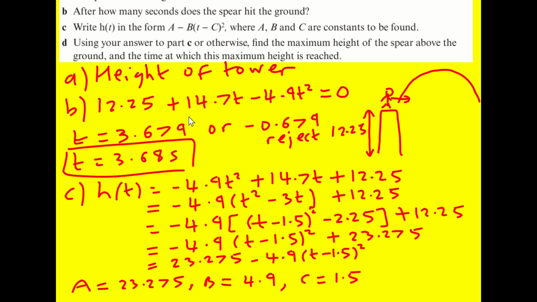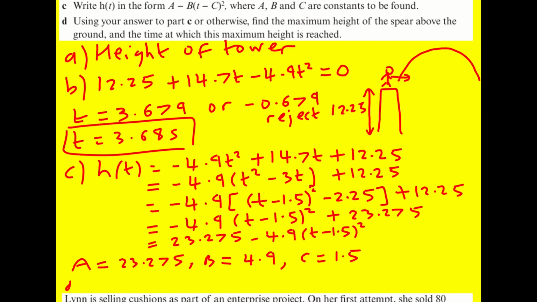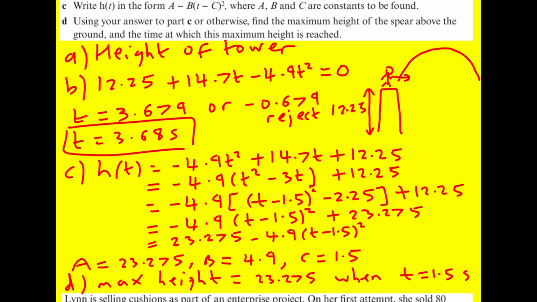Find the maximum height. Again, it's very similar. Max height is going to equal 23.275 when t equals 1.5 seconds, similar to that starting bit of the question.